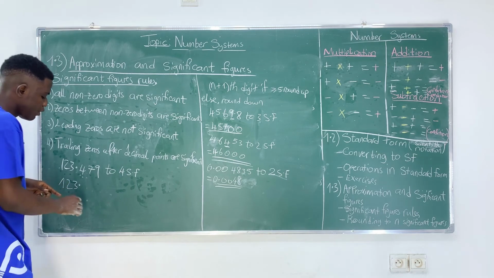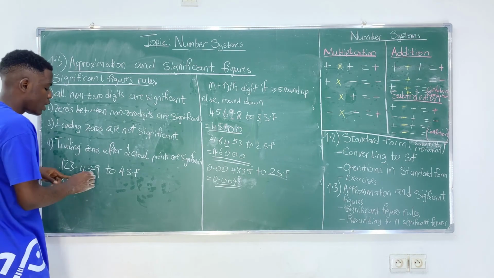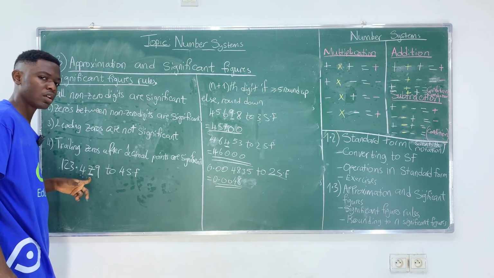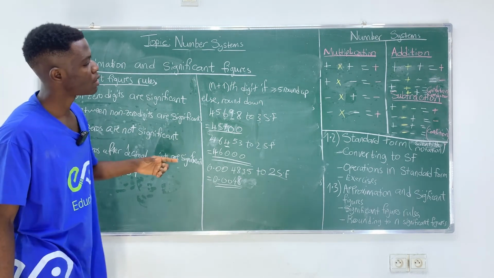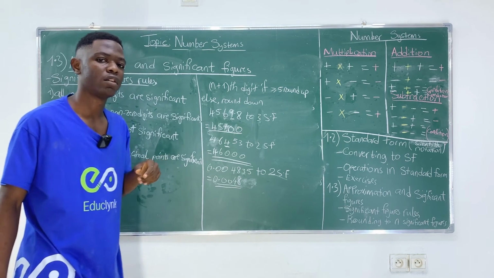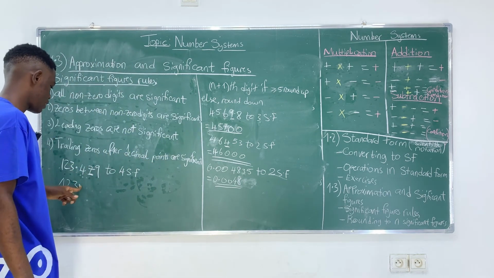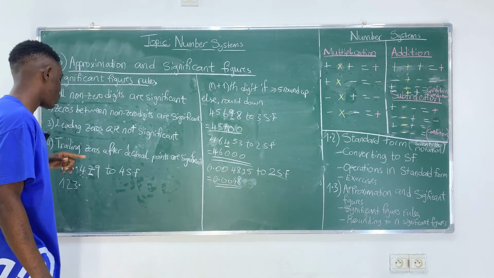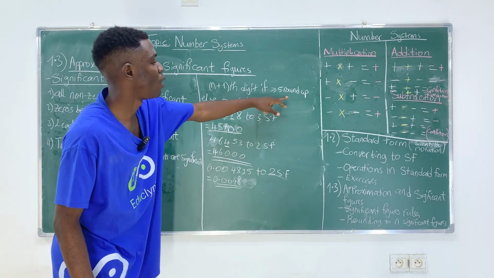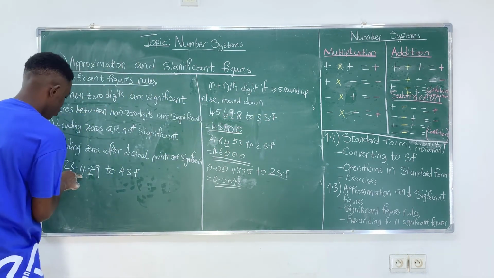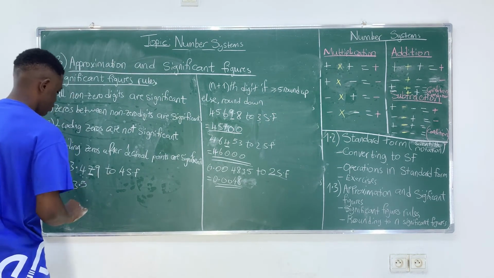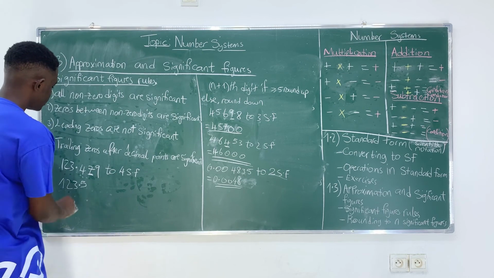Before writing the 4, I look at the value after it. After it, I have 7. Now, is 7 greater than or equal to 5? What do I do? I round up. So when I round 4 up, I'm going to have 5.